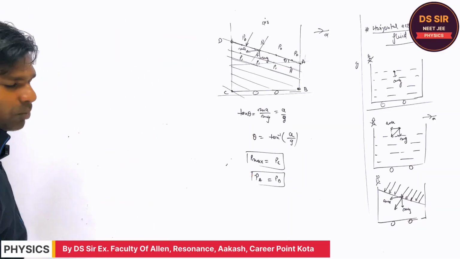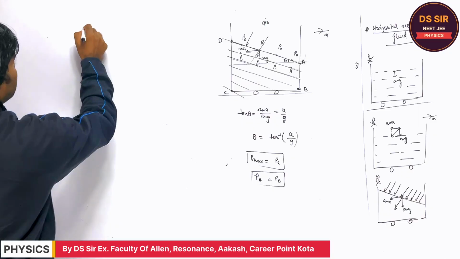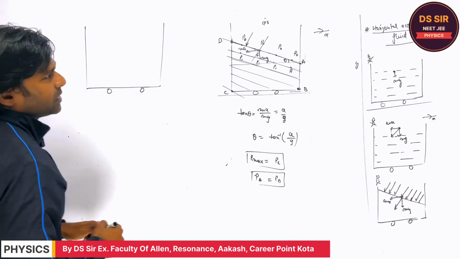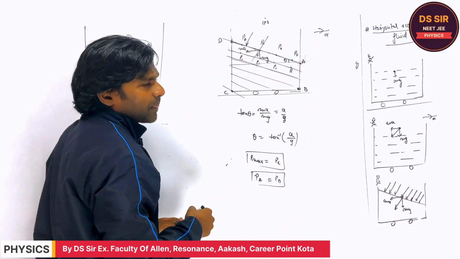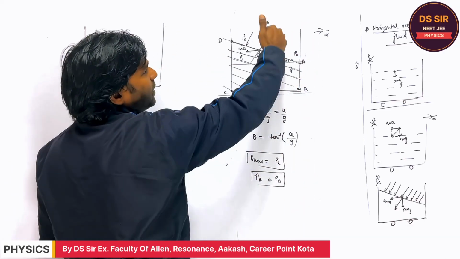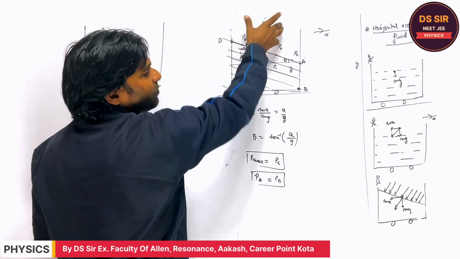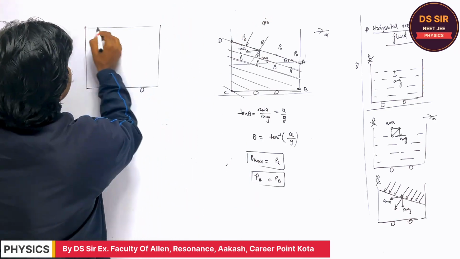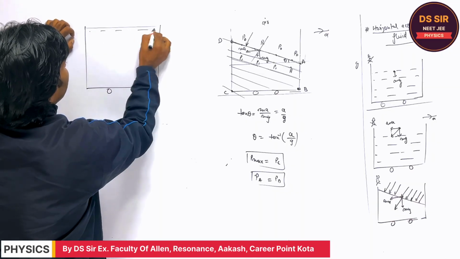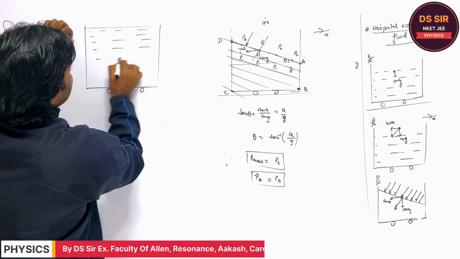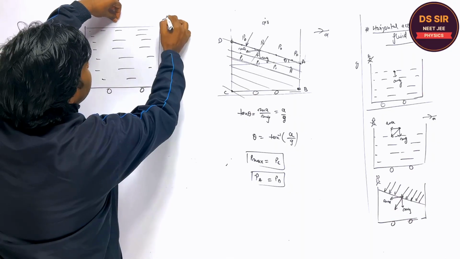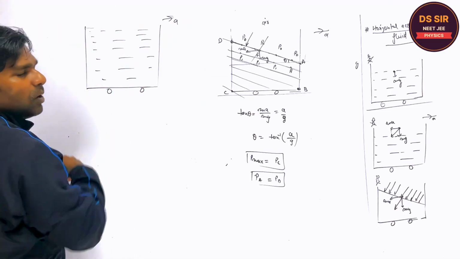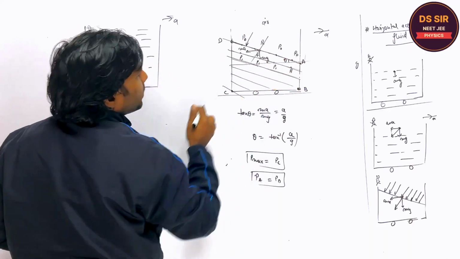Right, very good. Listen, one more thing. In this question, it was the case when the upper side was open. If it is at rest, it is full of water. If it is open, when it accelerates, some fluid will come out and the shape becomes like this.